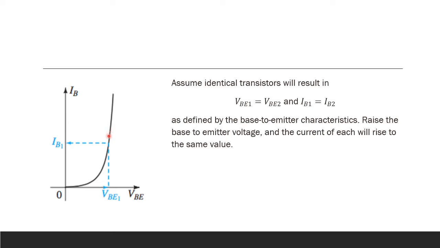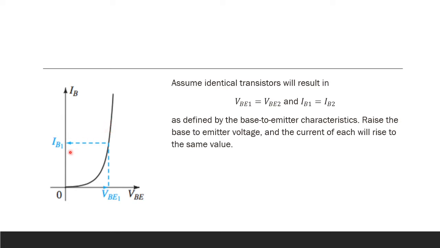However, di ba meron tayong tinatawag na internal resistance, and yung internal resistance na yon nagko-contribute yon sa total na VBE natin. Kasi pag may internal resistance yan, pag tumataas yung IB natin, then ibig sabihin, tataas din yung voltage.